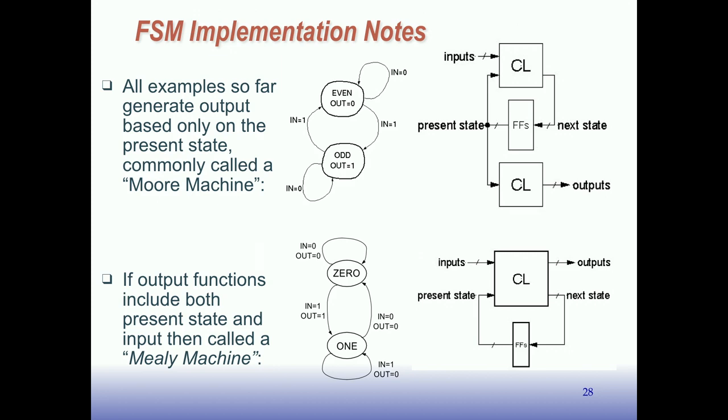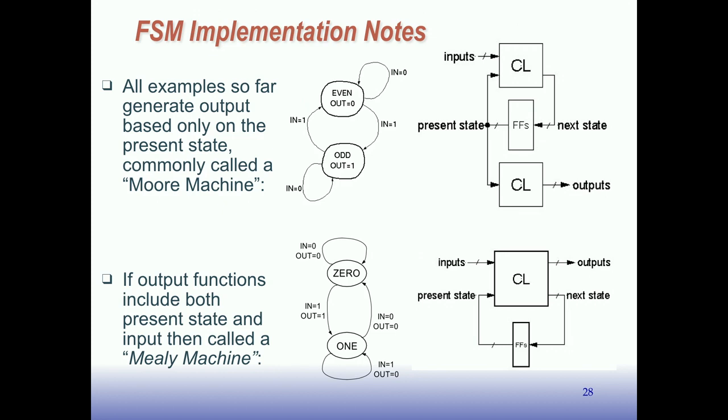We had circuits where one combinational logic block goes from input and present state to next state. Then we have another combinational logic block that's a map from the current state to the output. This matches the way we draw the state transition diagram, where we put the output values in the bubbles associated with the state.